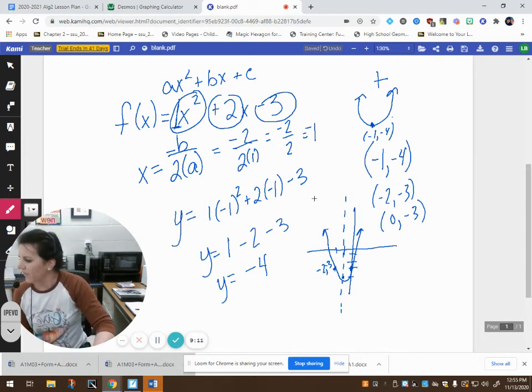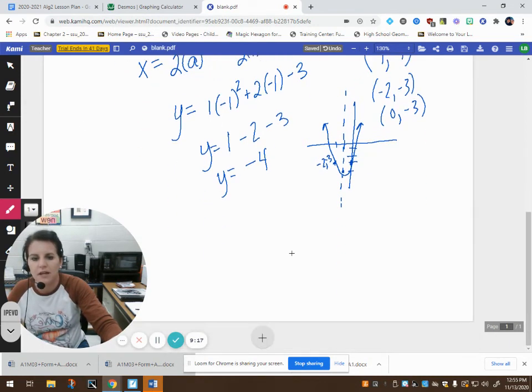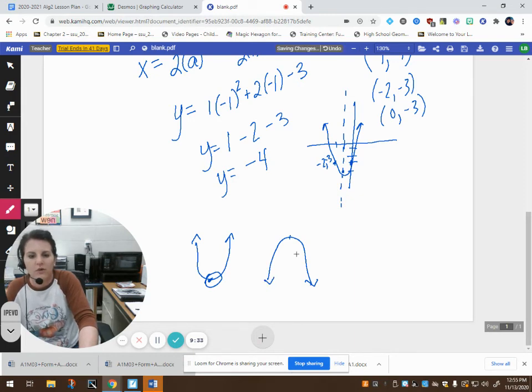Okay, so a few other things that I would like to point out is that when we have a parabola that is a happy face parabola, think about this. We have a minimum value. It has a low point. This is the lowest point on the graph down here. If I have a parabola that looks like this, it's going to have a maximum value. This is the highest point on my graph.